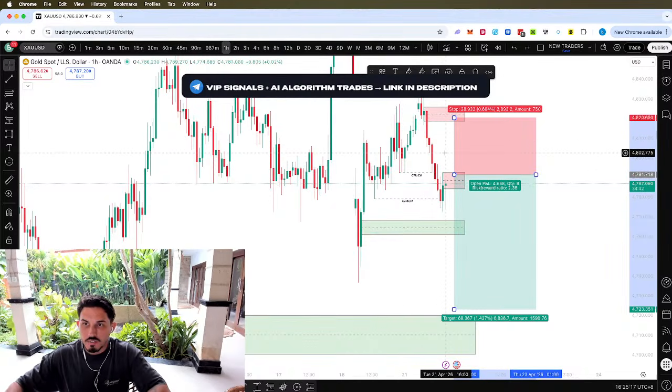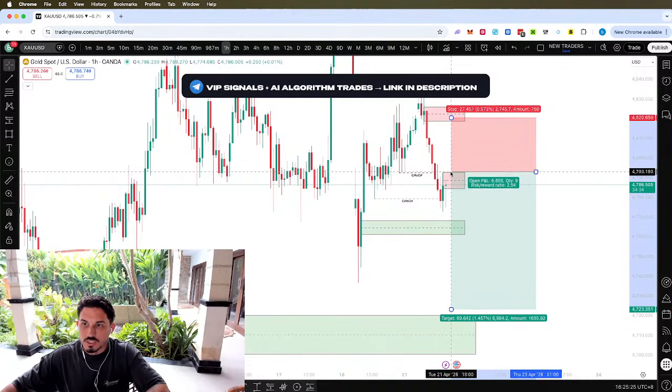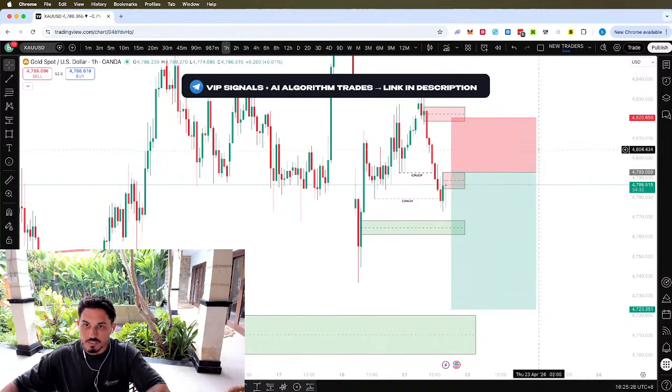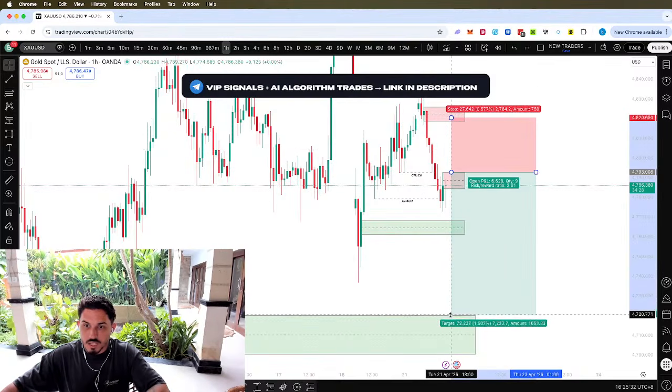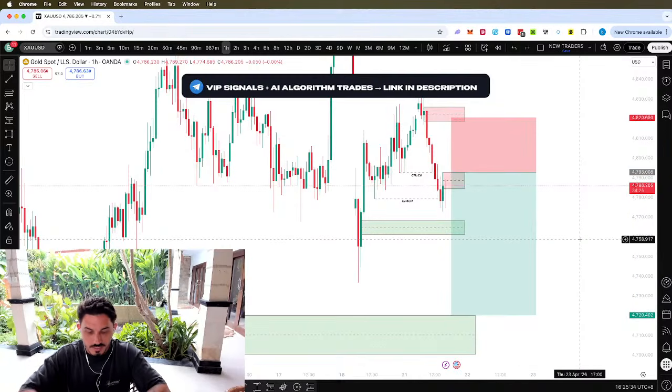Just going to mark down 4693 to 4696. I'm more than happy with that. It's going to give us almost a 3R on this trade overall. Pretty confident we're probably going to tap down into this, hopefully on the stream today.